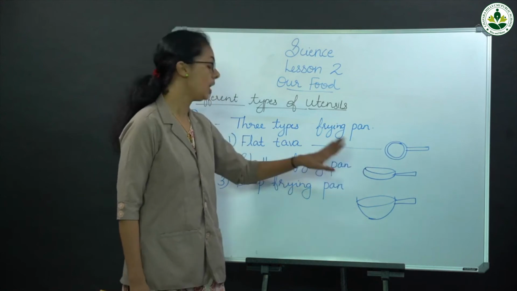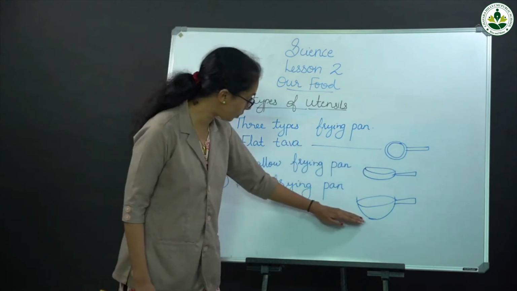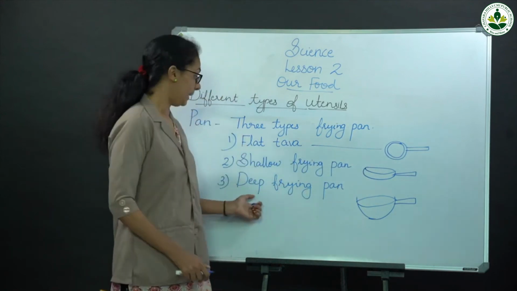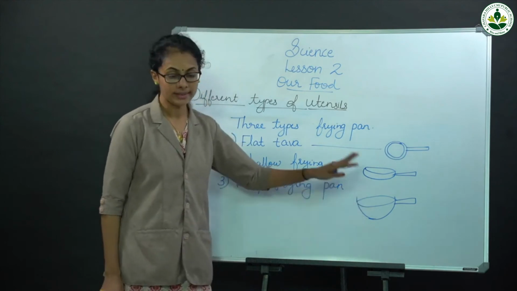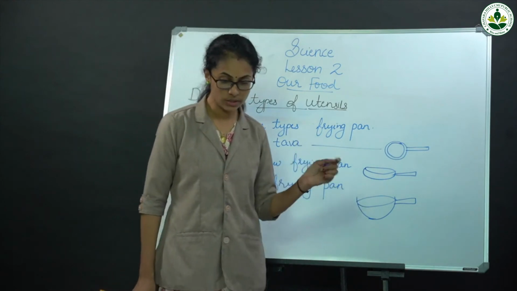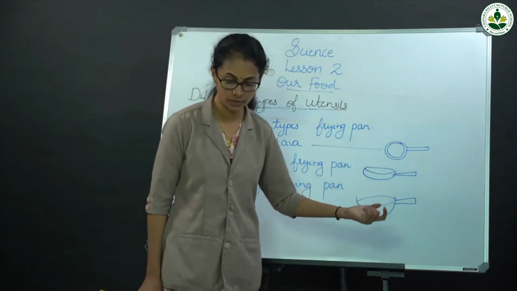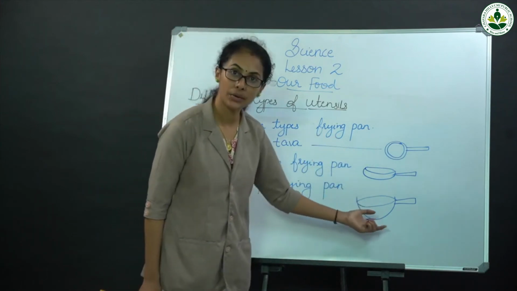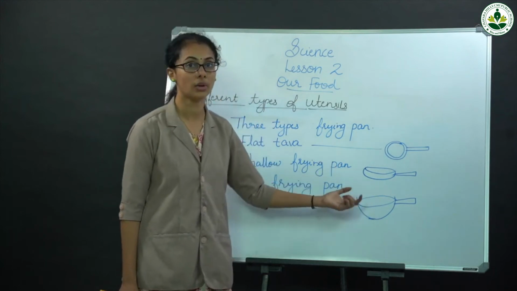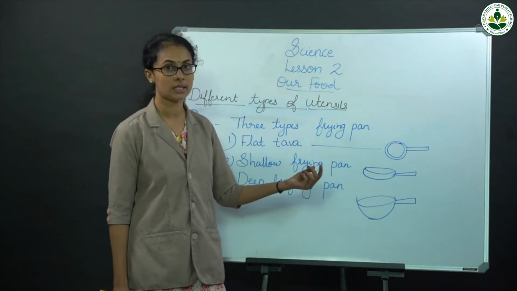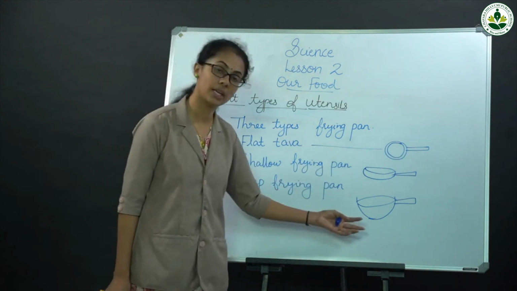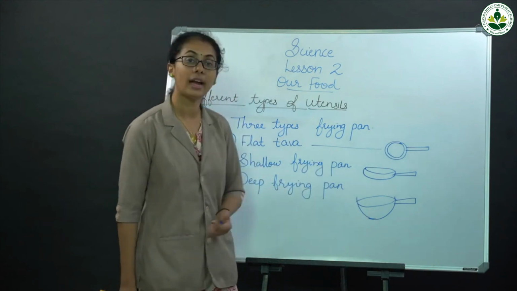It is used to fry meat or fish by submerging it in oil. Fish fry is prepared, and samosa, that type of thing, is also prepared in a deep frying pan.